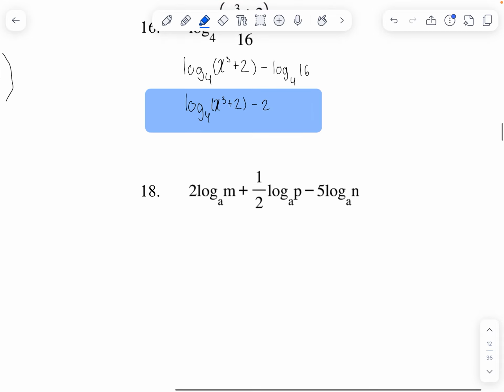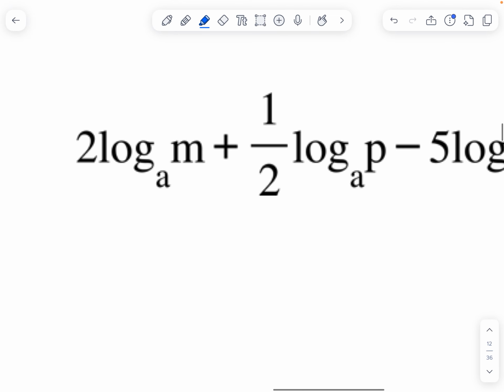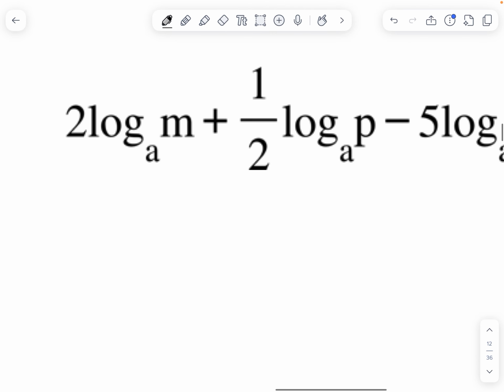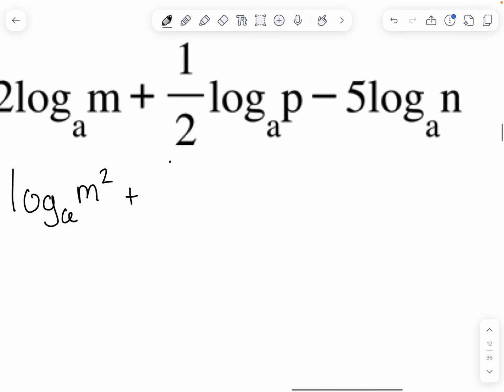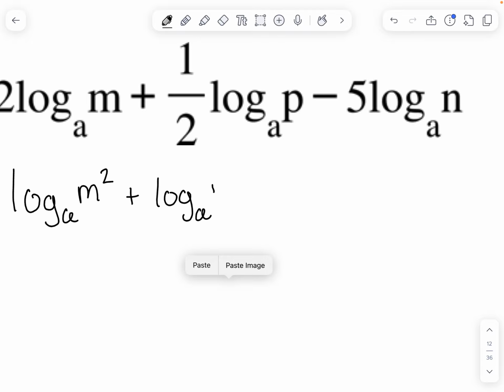On to the next question. First, we need to apply the opposite of the power rule to everything for this. So log base a of m squared plus 1/2, not 1/2, log base a of root p minus log base a of n to the power of 5.